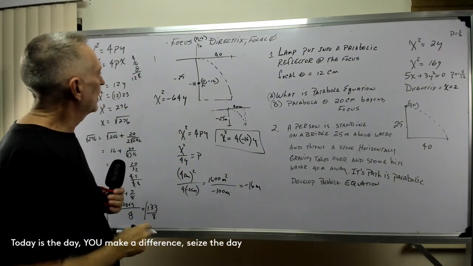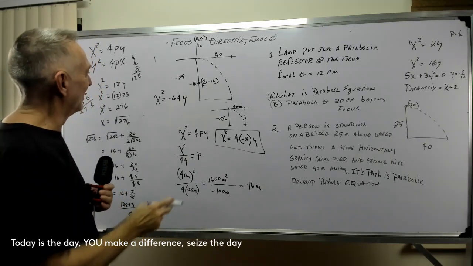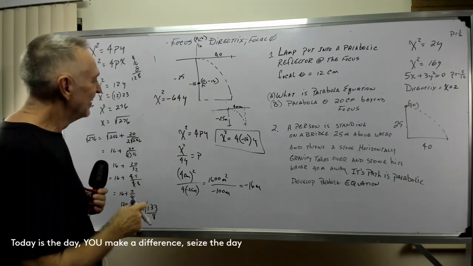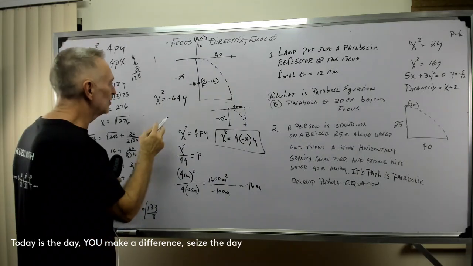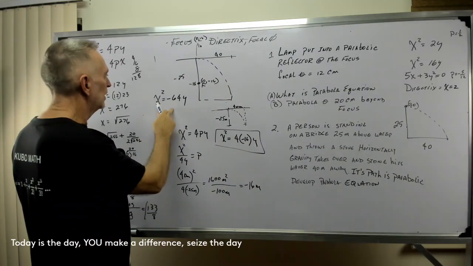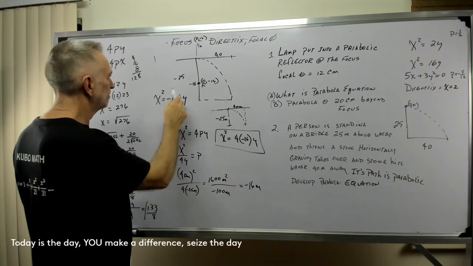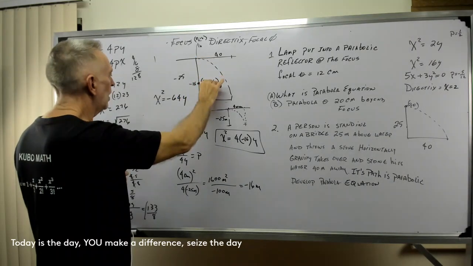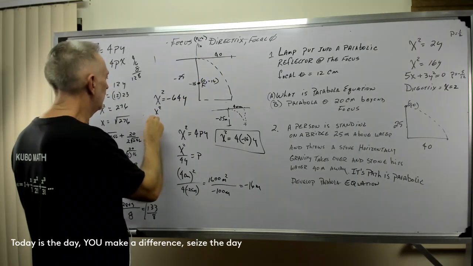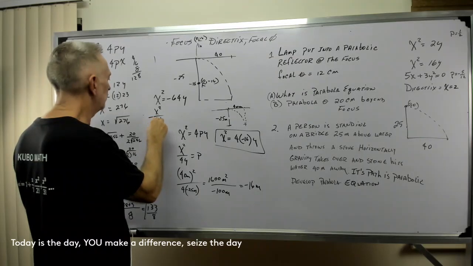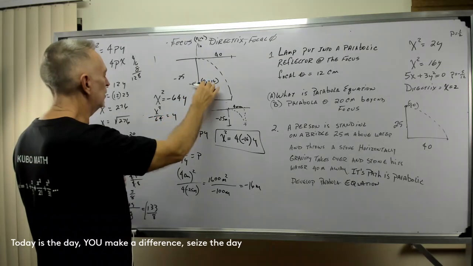Now you're probably thinking, well, is it really? Okay, let's see how we can challenge ourselves. What's the value of y? So x squared divided by negative 64 would give me the value of y.